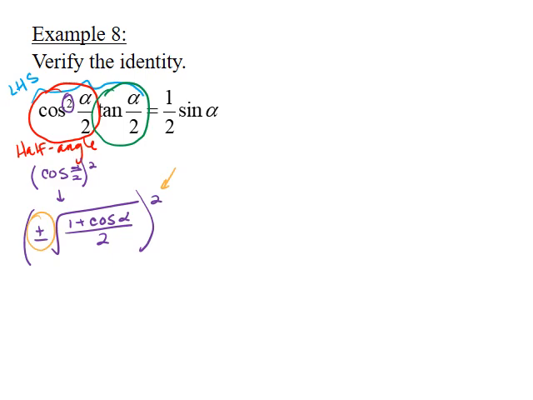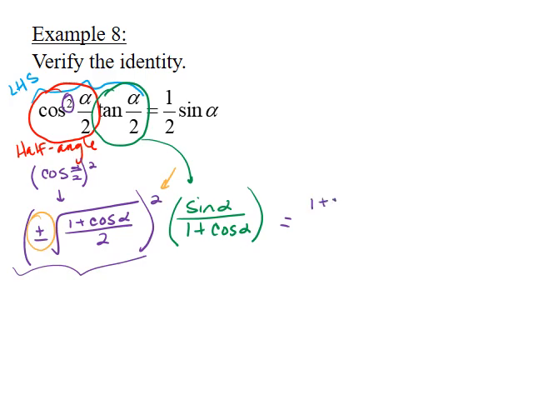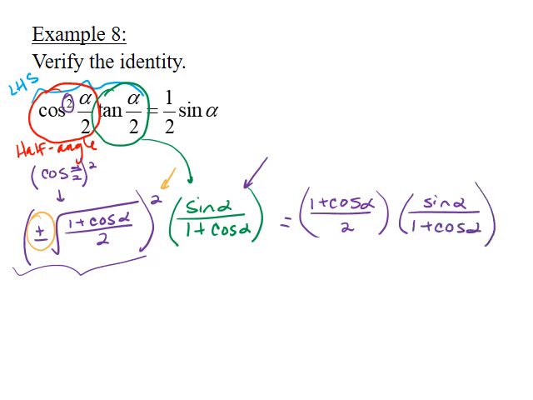Now I have tangent of alpha divided by 2. I'm going to use a half angle formula here, but you have 3 choices. So kind of look ahead to where you want to go, and you want something with sines in it. So I am going to choose to use this portion of that formula, sine of alpha over 1 plus cosine of alpha. And again, you guys, this is just going to take some playing. This equals, when I square this, I get 1 plus cosine of alpha over 2 times sine of alpha divided by 1 plus cosine of alpha.